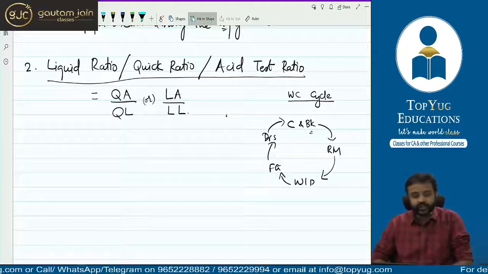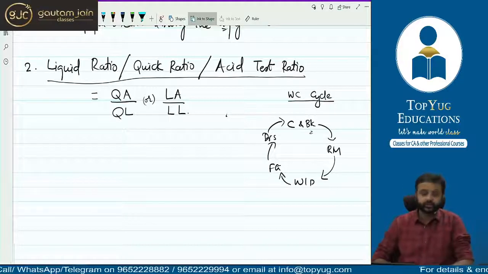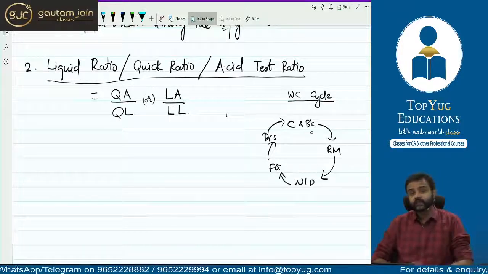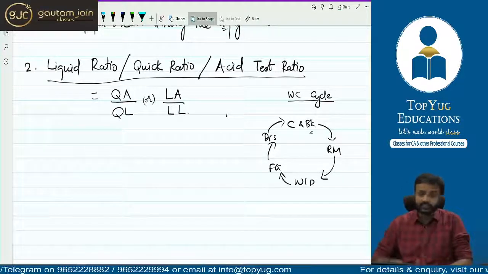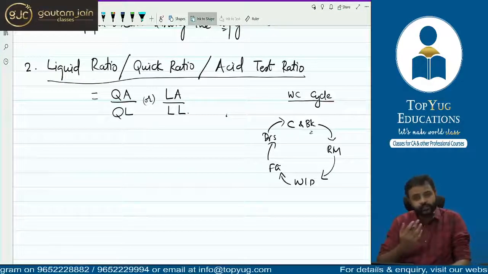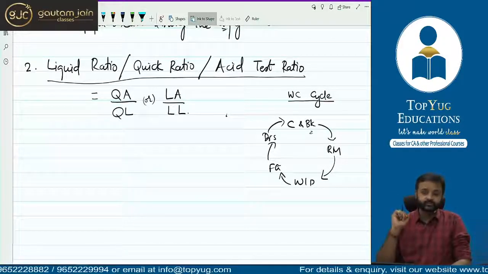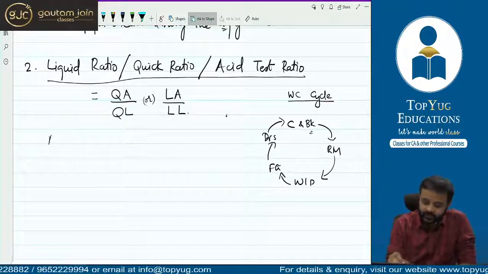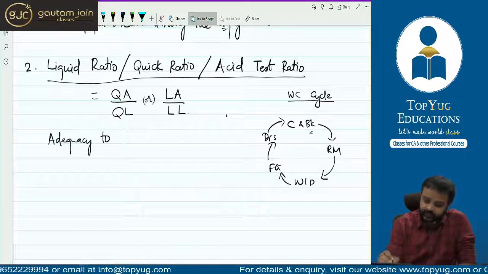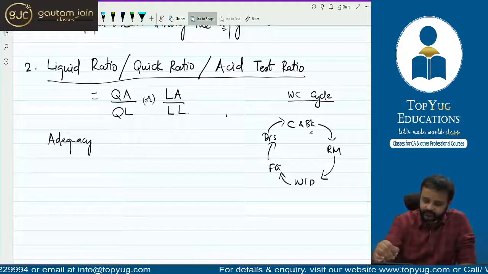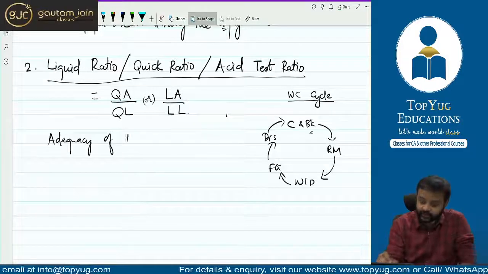So what are we trying to say? When we talk about this quick ratio, this liquid ratio, we're saying compare the liquid assets with liquid liabilities. That means adequacy of the liquid assets to pay off liquid liabilities. So the first thing is adequacy of quick assets.